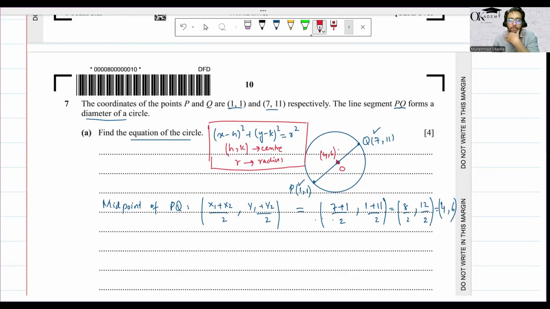Okay. How to work out the radius? Well, you could just find the distance by using the distance formula, right? So radius would be equal to the distance, which is going to be the square root of (7 minus 4) whole squared plus (11 minus 6) whole squared.